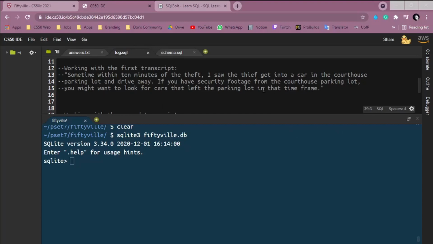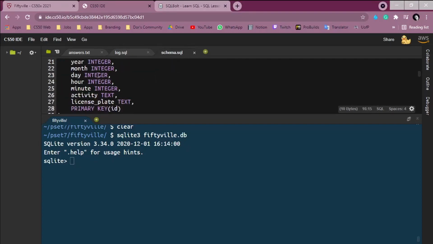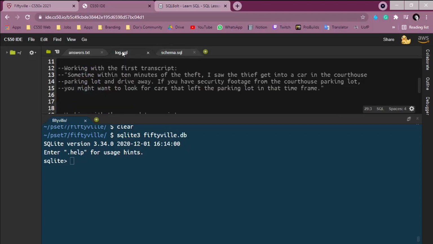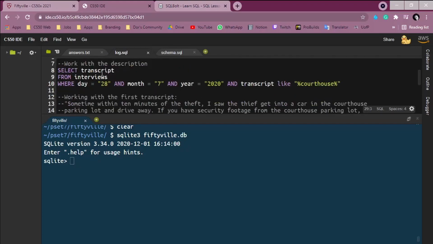So basically, what is this transcript saying to us? Let's use the information of the security footage from the courthouse parking lot, and we have the information that it's on the same day. So let's take a look at the courthouse security logs. We have the year, 2020, the month that is 7, July, the day 28, and the hour, which we have from the description.